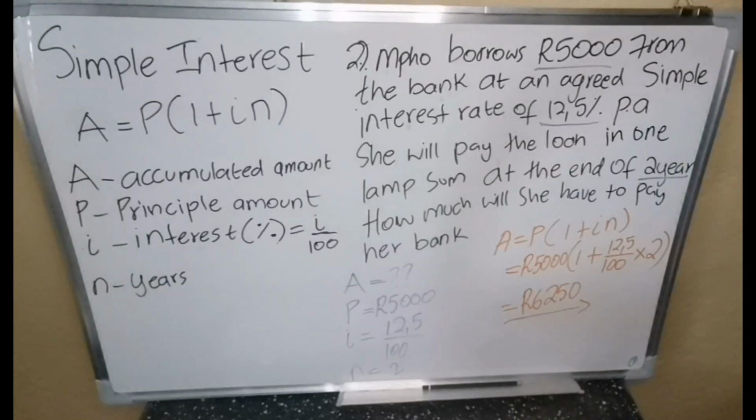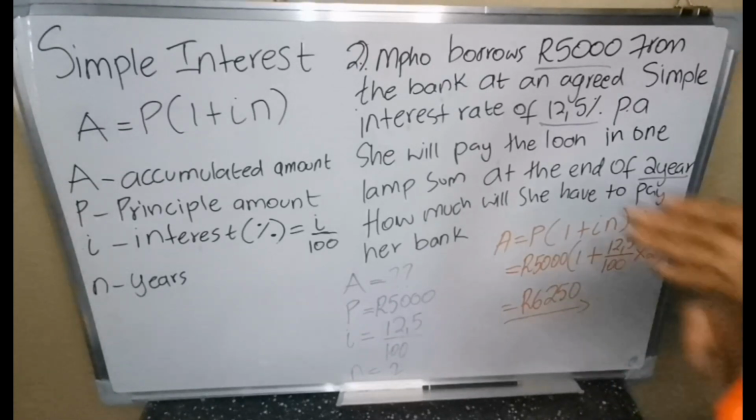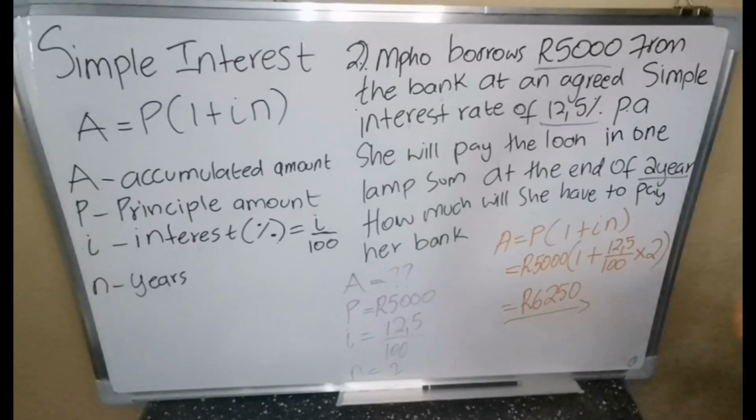Now, guys, I hope you can understand this question. Now, the question might say that you must calculate the interest paid, not the interest rate, but the interest that will be paid by Mpho at the end of 2 years.